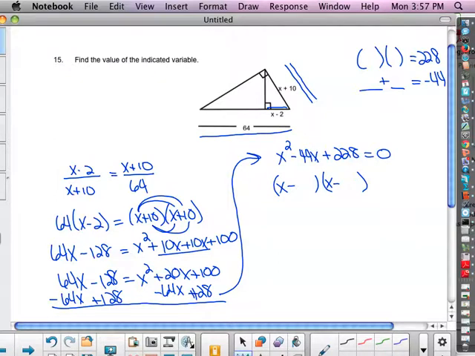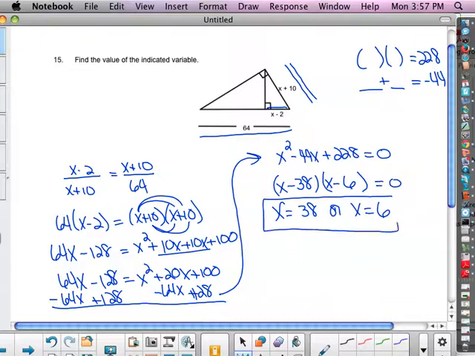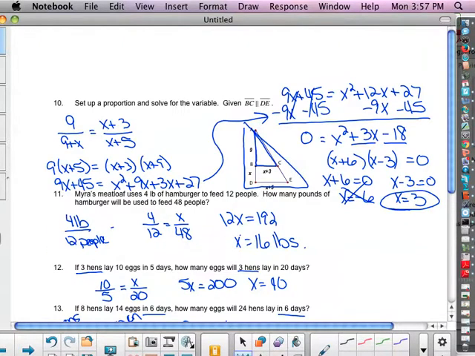Actually, 228 is divisible by 6 and 38. So that becomes X minus 38 and X minus 6 equals 0. So X is equal to 38, or X is equal to 6. And those are the two answers to that geometric mean problem. And I think that's the end of the review sheet.